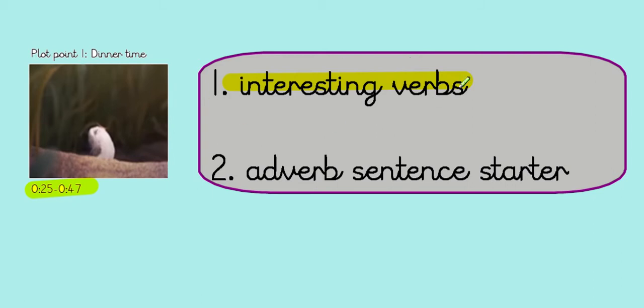We're going to look at interesting verbs, action words, to really paint a picture in the reader's head. Okay? And then we will be using adverb sentence starter for our second sentence. Now, you probably don't know what an adverb is yet, but do not worry, I will explain. Okay? So all will become clear, all will be revealed.